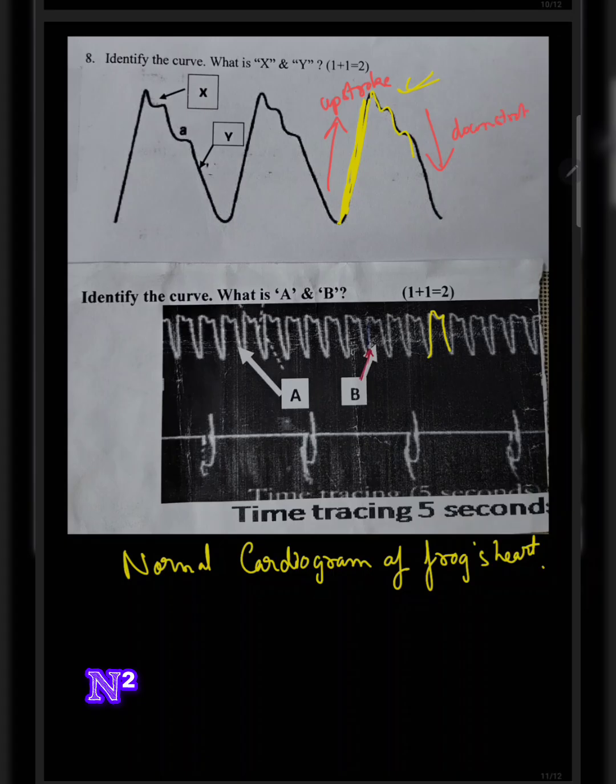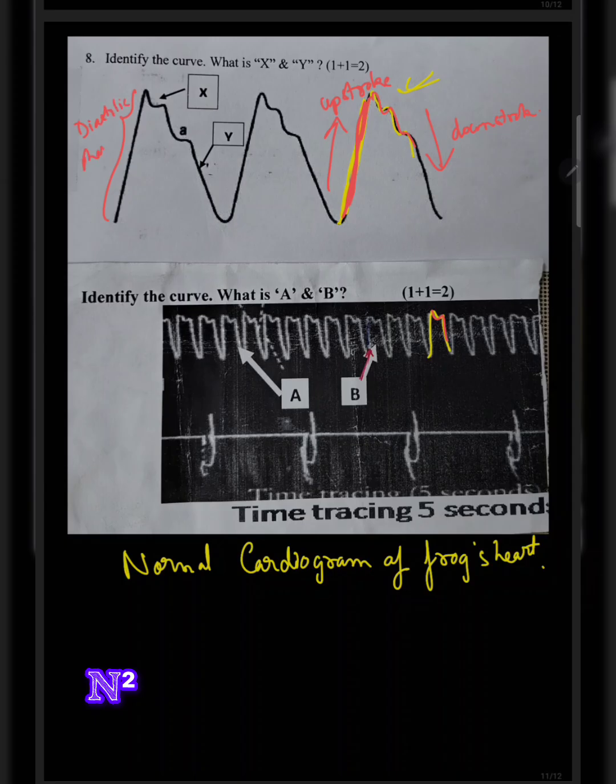The upstroke curve is a very smooth curve, whereas the downstroke curve has two notches. In the below picture you can see only a single notch. Now the upstroke part is called your diastolic phase.